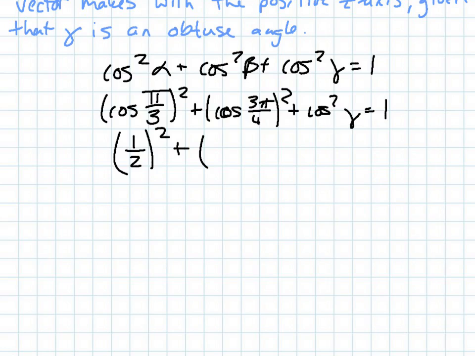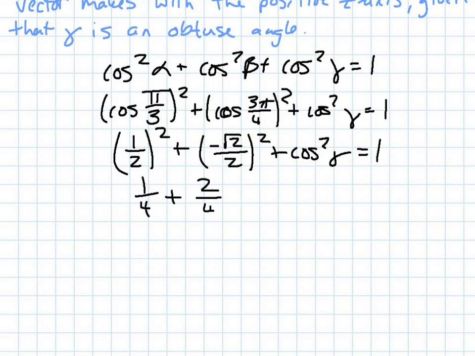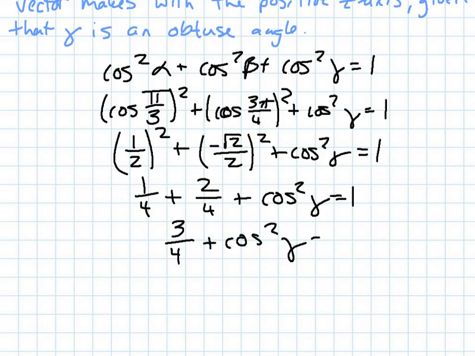Cosine of 3 pi over 4 is negative square root of 2 over 2. Squaring those gives me 1/4 and 2/4, so 3/4 plus cosine of gamma squared.